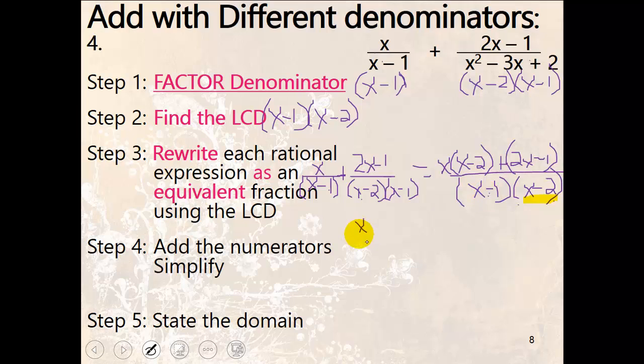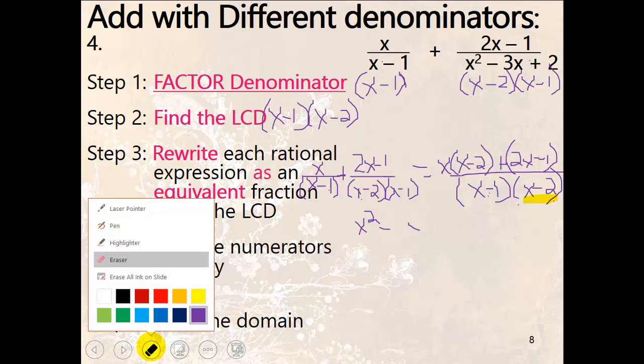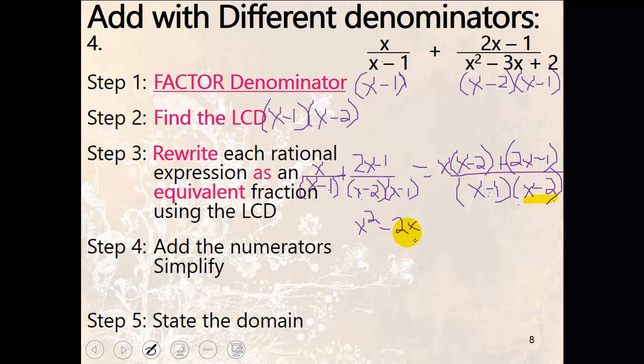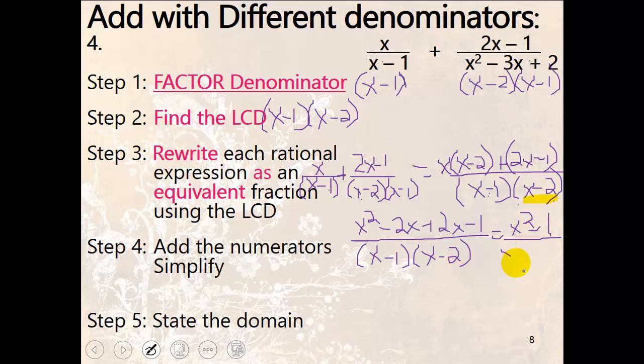So I have x squared minus 2x plus 2x minus 1 over x minus 1, x minus 2. Okay? So this becomes x squared minus 1 over this denominator, because these cancel.